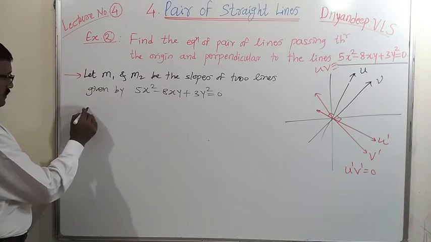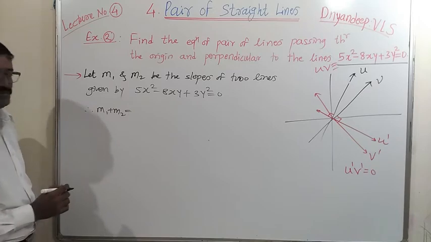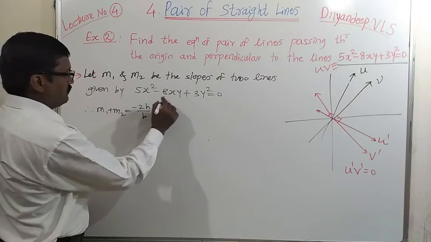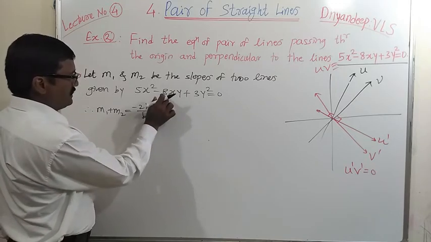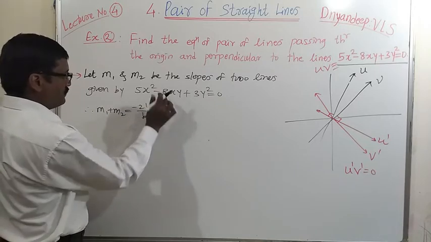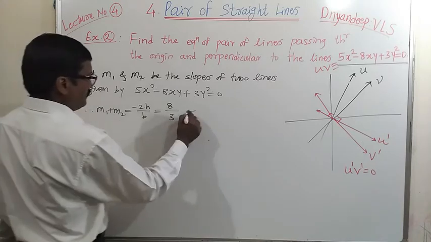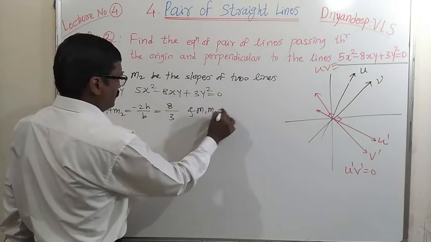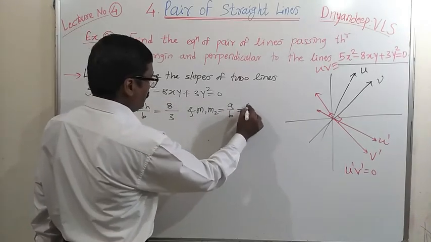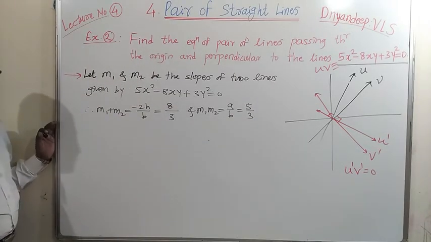Therefore, M1 plus M2, the sum of slopes, is minus 2h upon b. Here, 2h is minus 8, so minus 2h is plus 8, upon b, that is 3, and M1 M2 is equal to a upon b. a is 5, b is 3, so it is 5 upon 3. So this is M1 plus M2 and M1 M2.